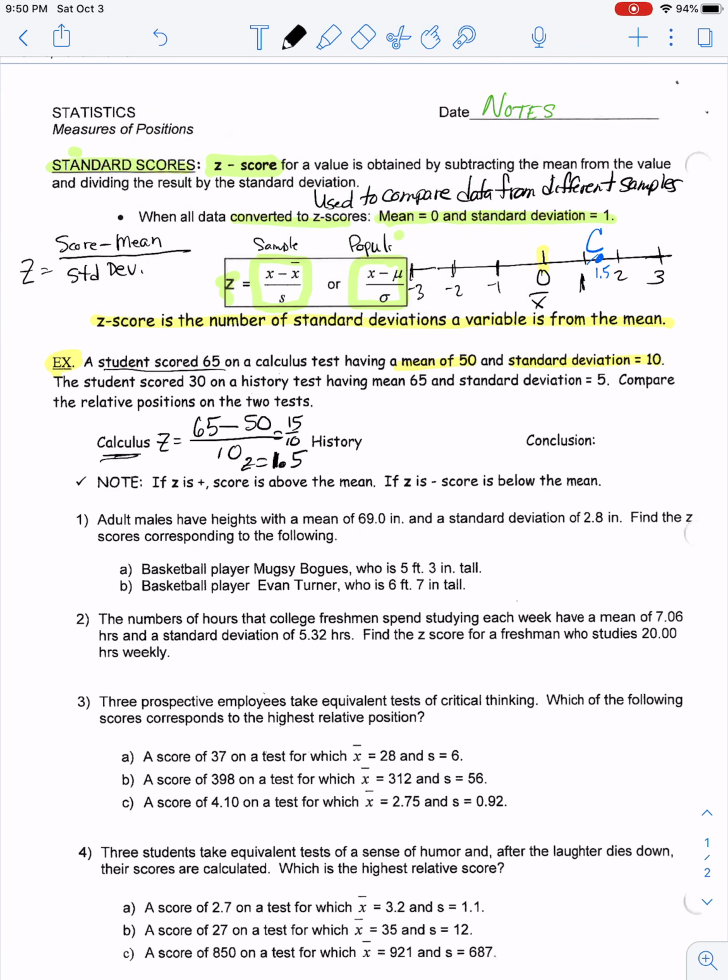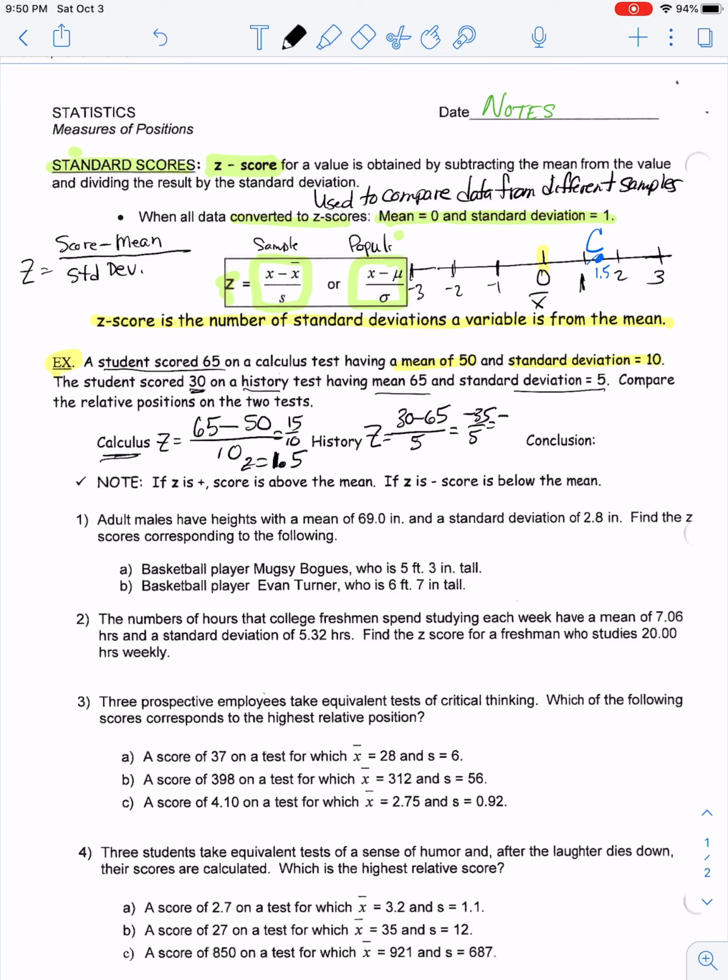Next up is history. The student scored a 30 on a history test, having a mean of 65 and a standard deviation of 5. So the z on history is 30, minus 65 for the mean, divided by a standard deviation of 5. This time we have negative 35 over 5.